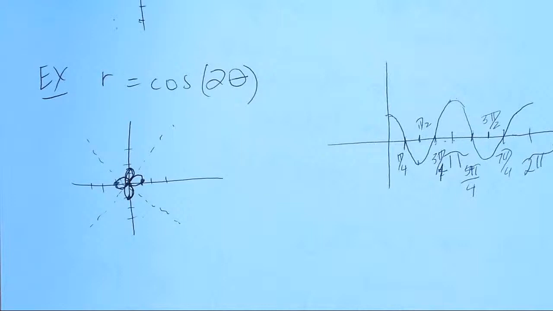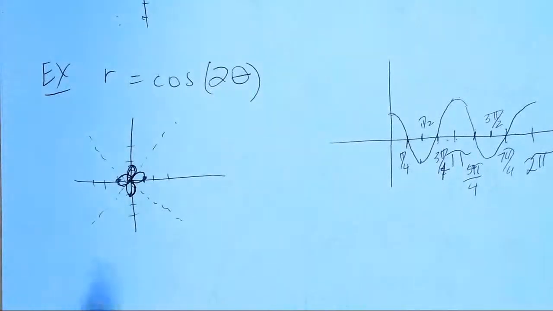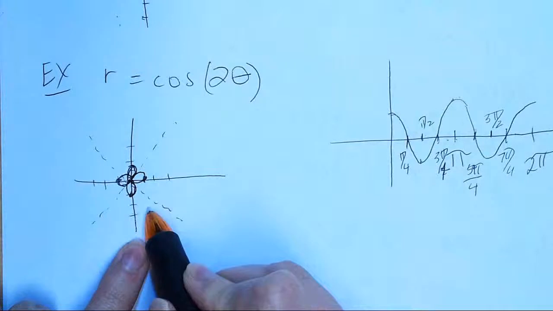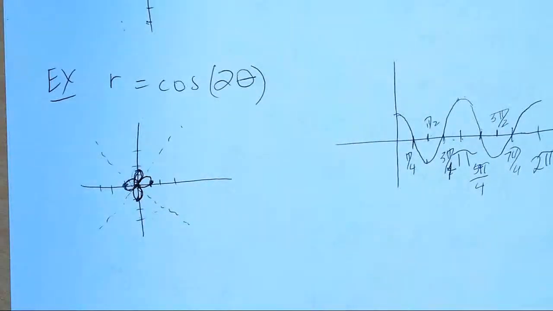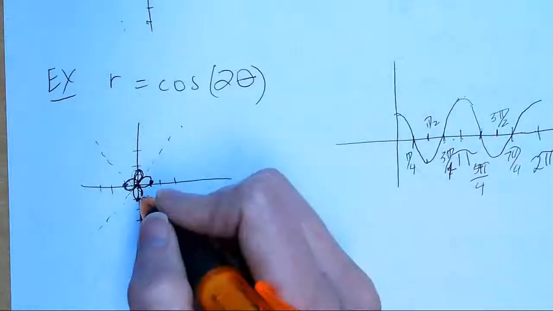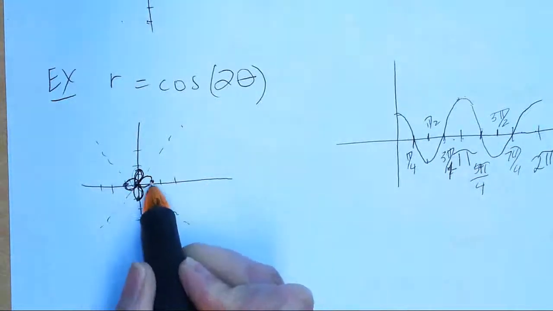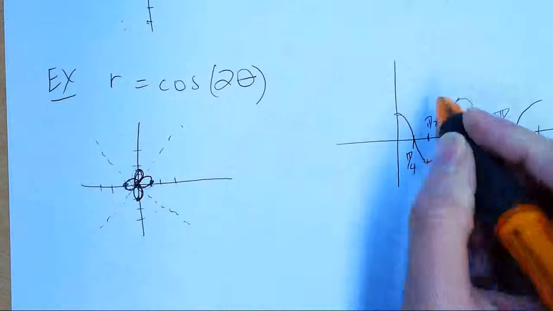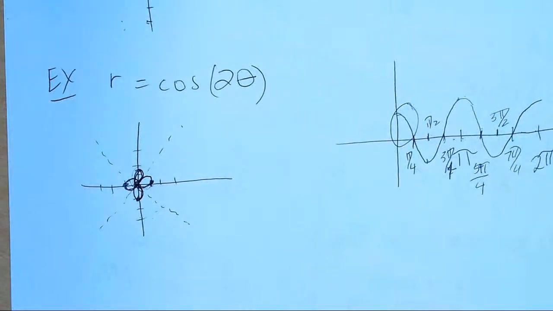We used 3 pi over 2 to 7 pi over 4, which is going to be in here, and that was our last little loop. Okay, because from 7 pi over 4 to 2 pi, it's going from the pole to +1. So pole to +1, that was already drawn. That was drawn here. Okay, so what is the... No, we didn't draw that. You accidentally did that. Okay, well then never mind.